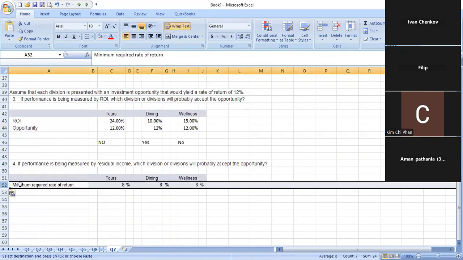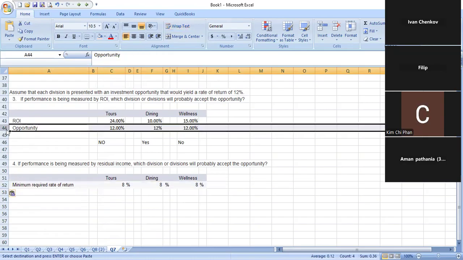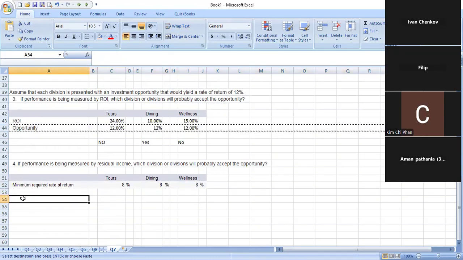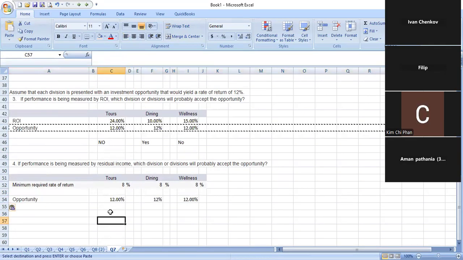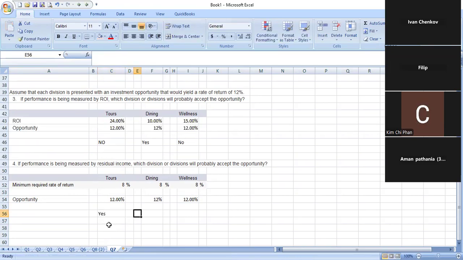So if that's my minimum required rate of return and I have an opportunity of 12%, which one will be accepted? All would accept, right? That will be yes, yes, and yes. So that's the kind of question you're going to face on your exam.